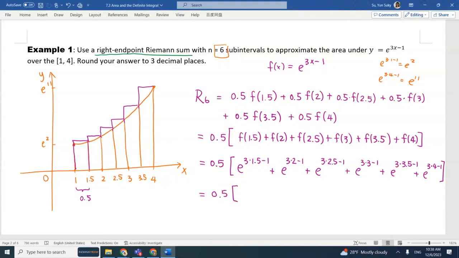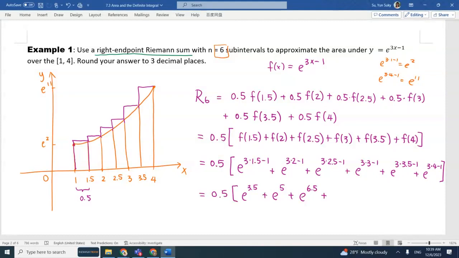Because I don't want to type everything in the calculator, I would like to simplify a little bit. What is 3 times 1.5? 4.5. 4.5 minus 1 is 3.5. 3 times 2, 6. 6 minus 1, 5. 3 times 2.5 is 7.5 minus 1, 6.5.